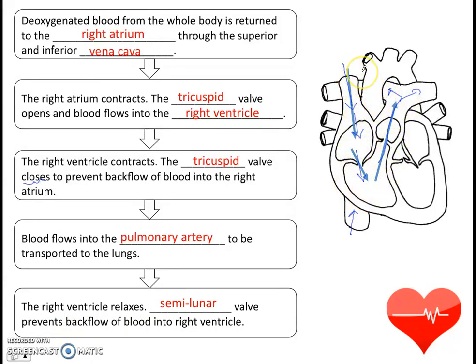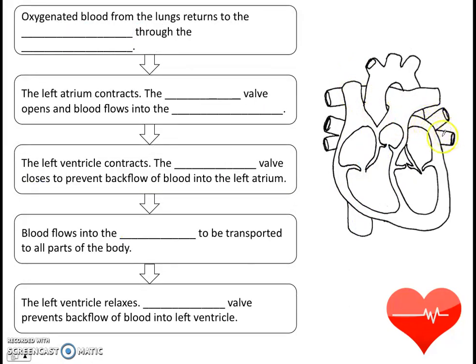Now let's take a look at when blood comes back to the heart from the lungs. Now, oxygenated blood from the lungs returns to the left atrium through the pulmonary veins. The left atrium will contract and generate pressure. This opens up the bicuspid valve, or the mitral valve.